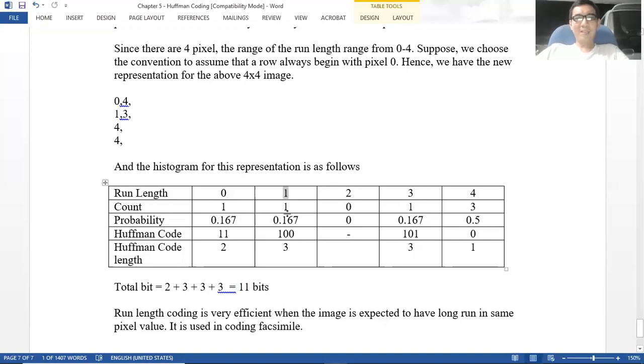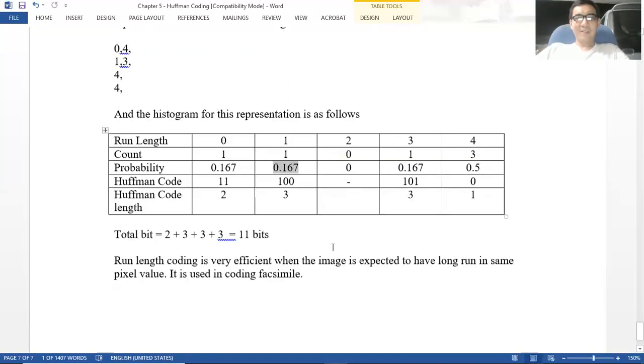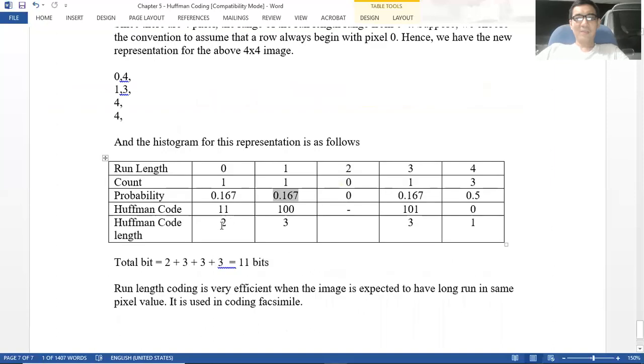So in this case, we have a not balanced probability, and then we can have a lower entropy. All right. So this is the Huffman code. And total number of bits.